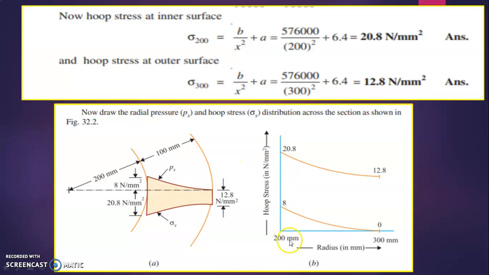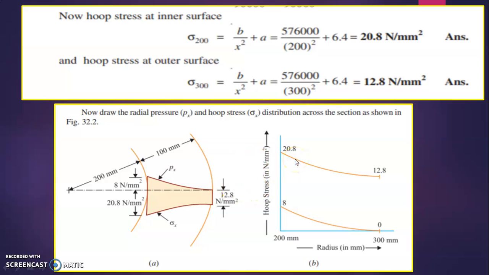For the outer radius 300, the pressure is 0, and for the inner surface it is 8. Like this, you first calculate hoop stress or circumferential stress by calculating A and B, then you can draw.